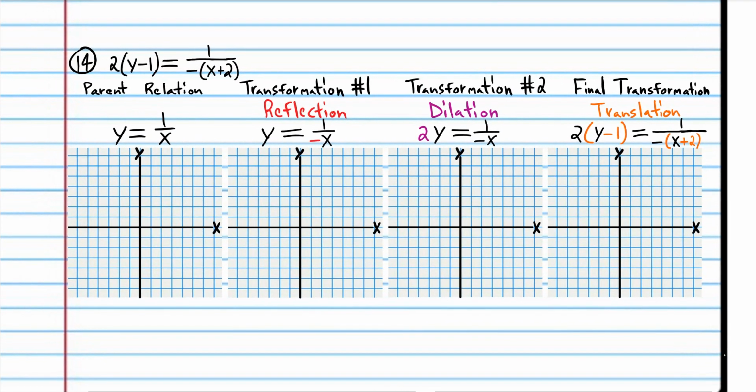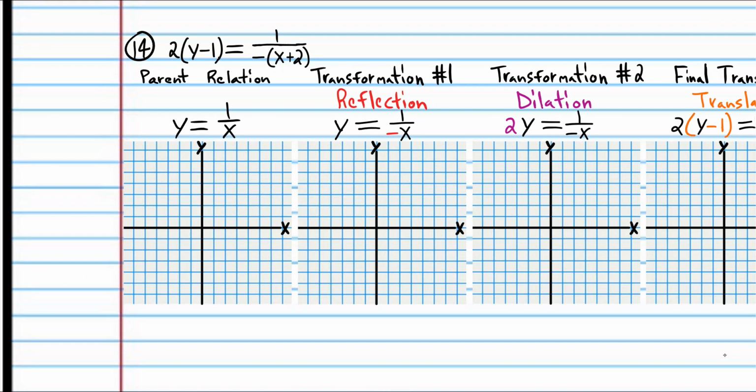All right, we're back. So remember, the reciprocal parent relation has asymptotes on the x and y axes. 1, 1, 1 half, 2, 2, 1 half, negative 1, negative 1, negative 2, negative 1 half, and negative 1 half, negative 2. Those are all reference points on the graph.